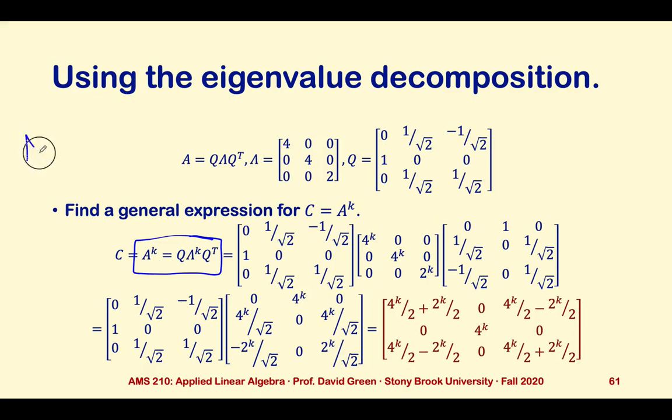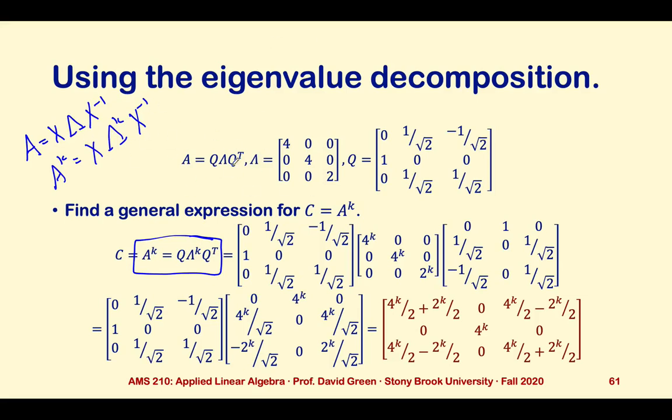Anytime we have an eigenvalue decomposition of some A equals X lambda X inverse, this lets us write a power of the matrix as taking the powers of the eigenvalue matrix, the diagonal matrix, and multiplying it on either side by the appropriate matrix of eigenvectors, or its inverse.